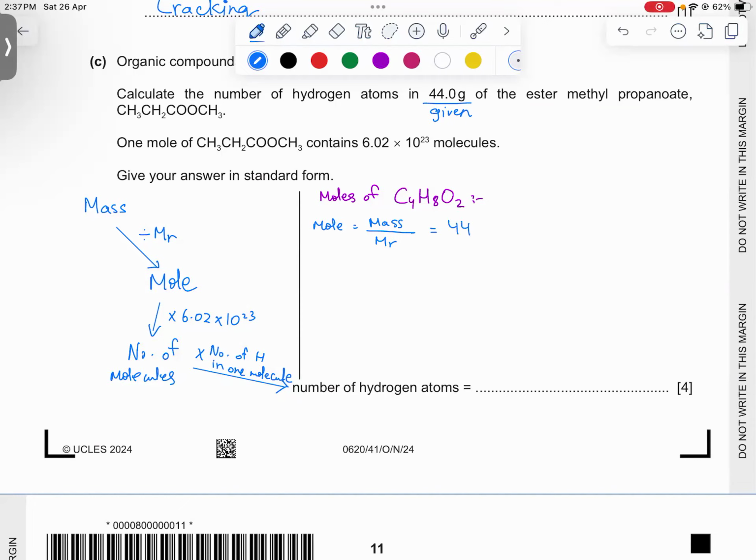Mr we can calculate on the side right here: 4 times 12 plus 8 times 1 plus 2 times 16. So that should be 48 plus 8 plus 32, so it should be 88. So 44 upon 88, that is 0.5, right? That is the first step.